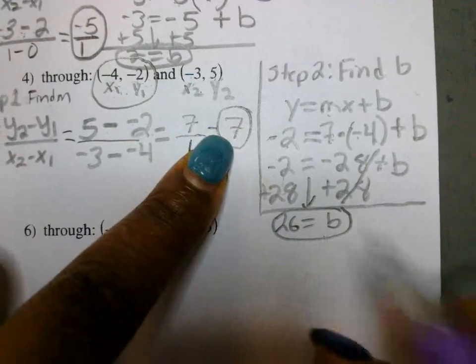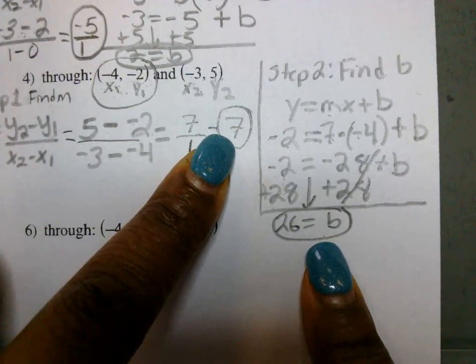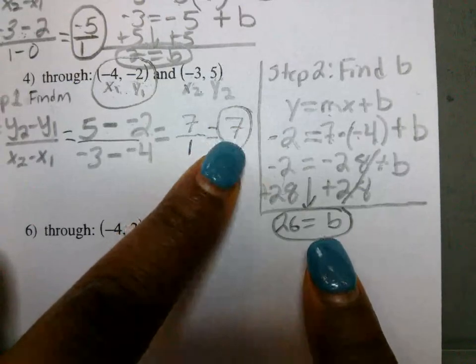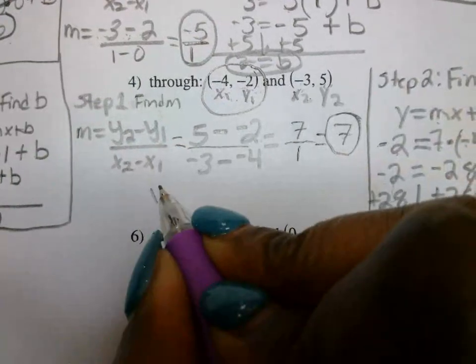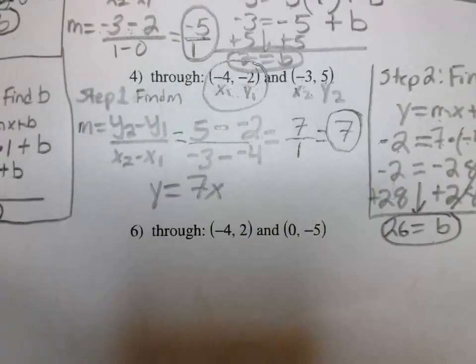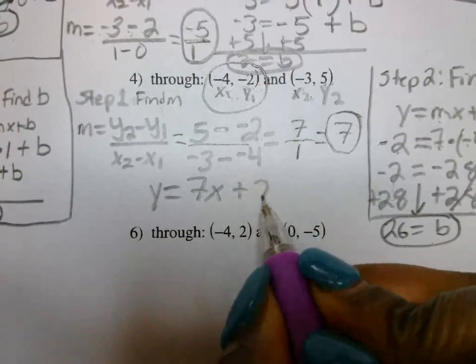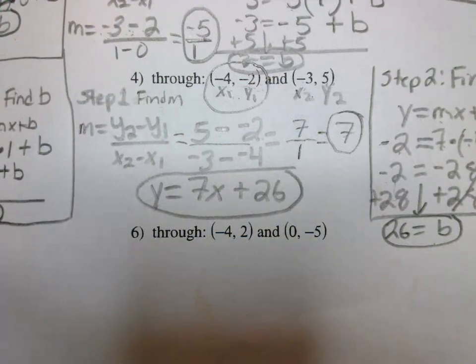This is m, this is b. How then do I take this to write the equation? Y equals 7x plus 26. And that's the final step.